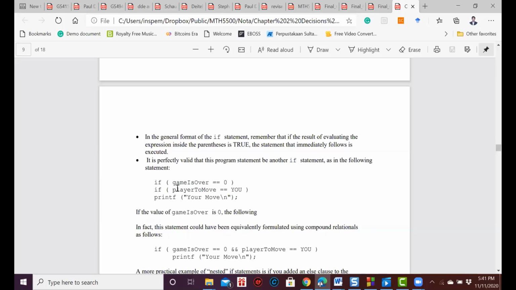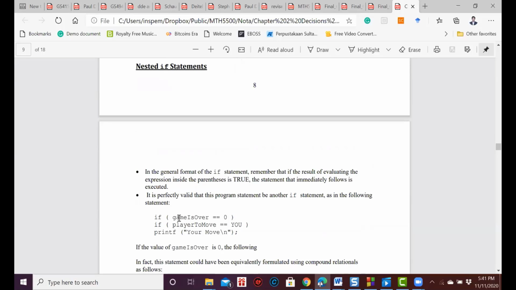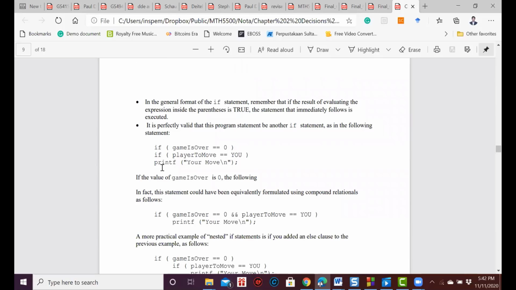I want to emphasize here that we have an if inside an if. So in this case we call it a nested if statement. Inside an if we have another if, so we treat this in a different way. Later we will discuss. In this case we can actually convert this into a compound of two conditions like this: game is over equal to 0 and player to move equal to u.